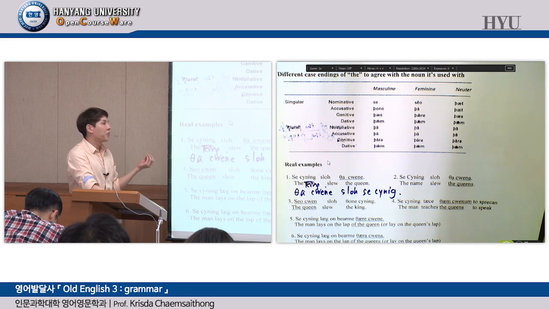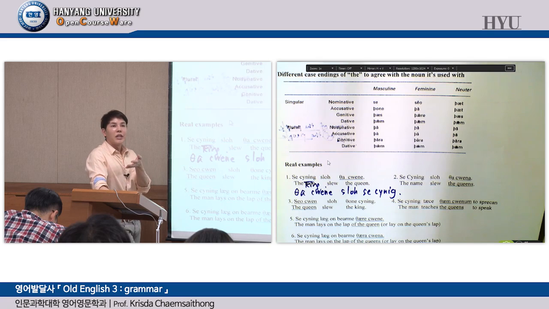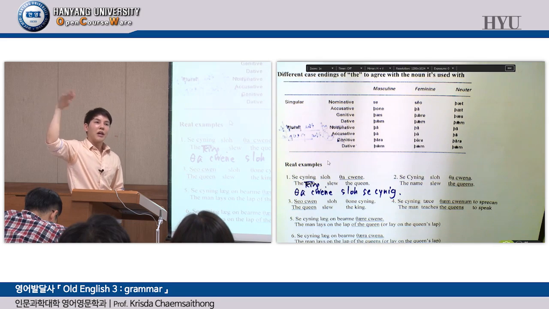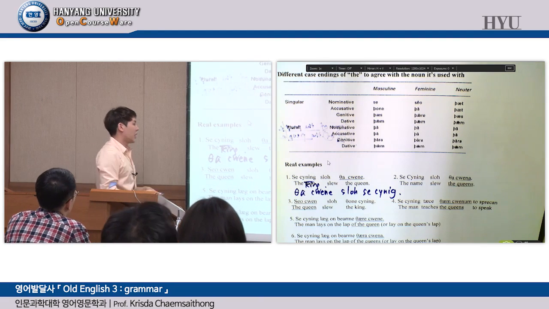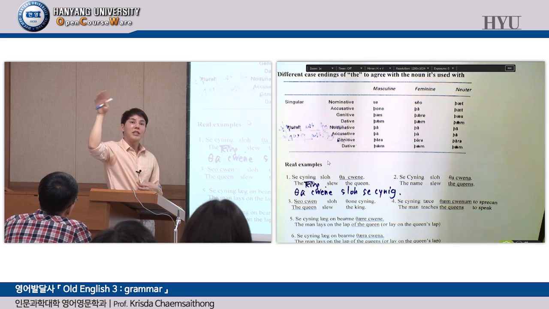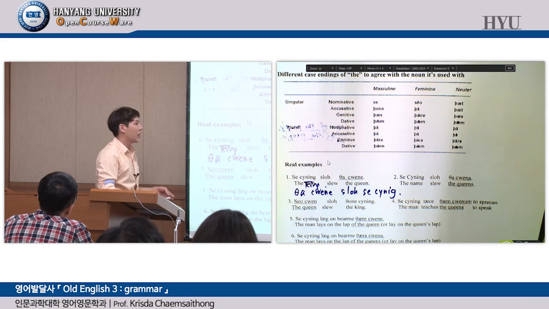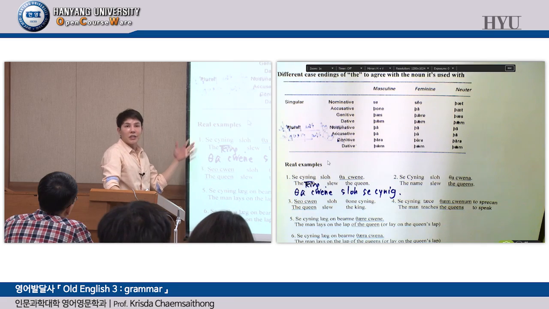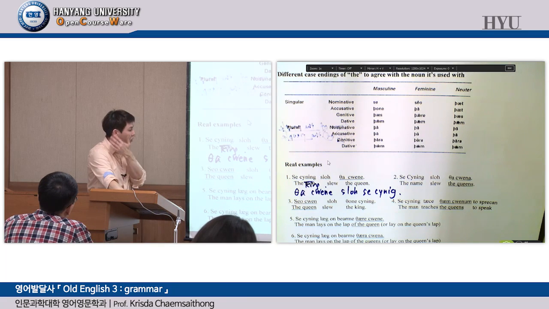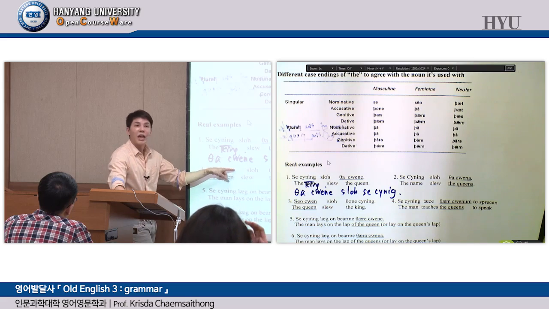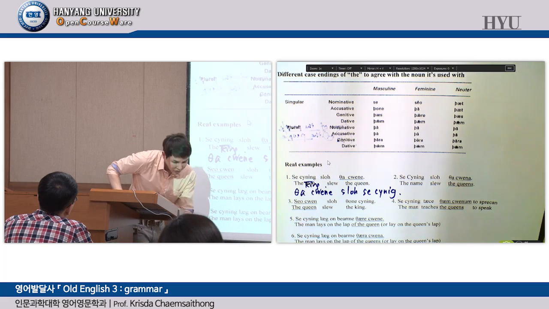Just like in Korean, you mark the subject with "i" or "ga," and then you mark the object with "eul" or "reul," like that. So you know by just looking at the ending. Here again, just like Korean, you know by looking at the article, you know by looking at the ending of the noun.